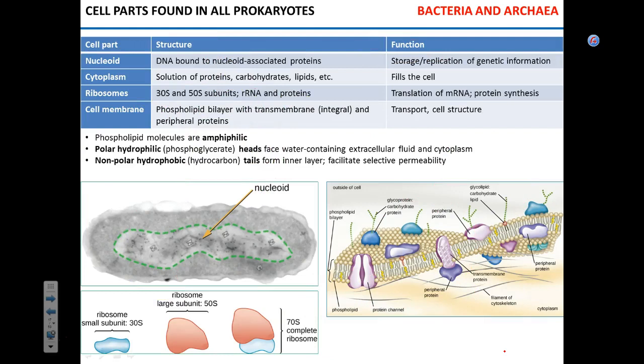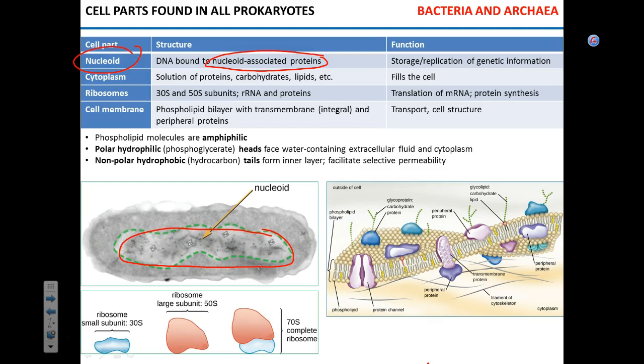Now let's talk about cell parts that can be found in bacterial cells. There are 4 parts that can be found in any bacterial cell. Nucleoid, here. Nucleoid is cellular DNA that is bound to so-called nucleoid-associated proteins.